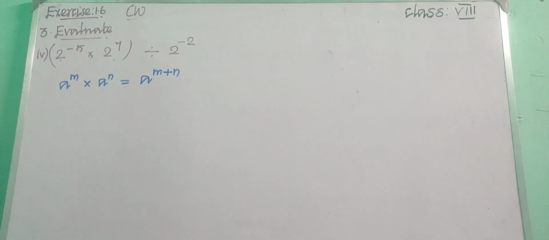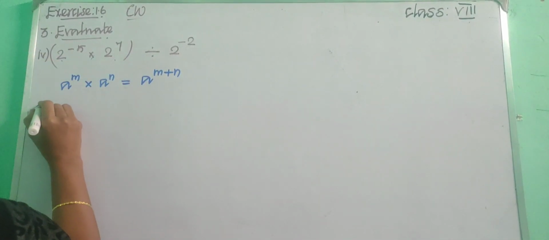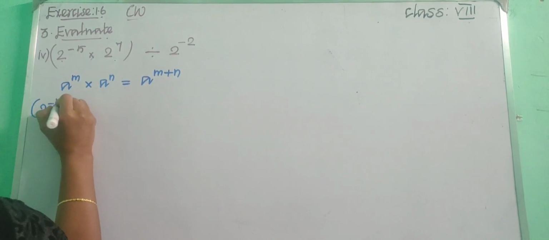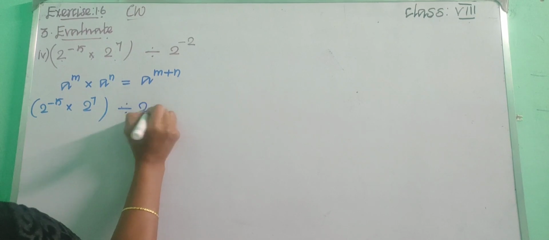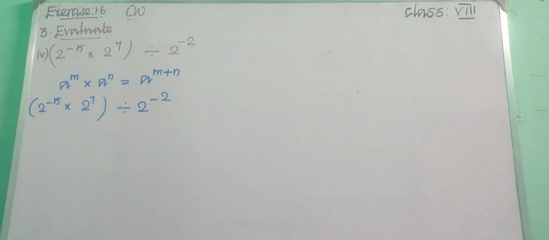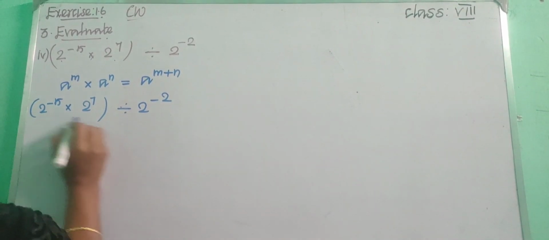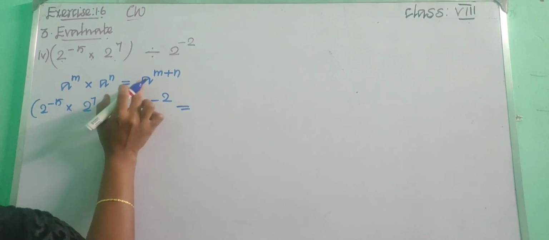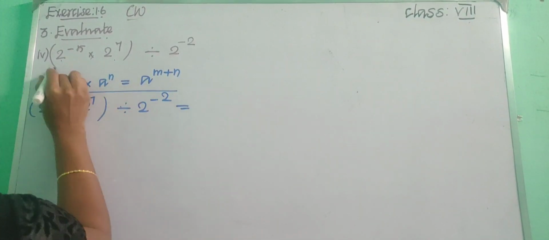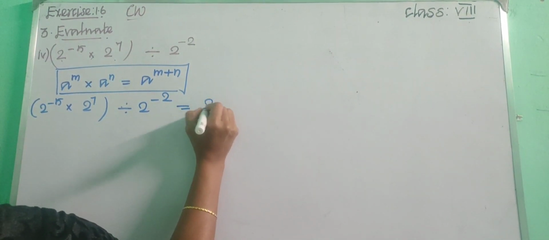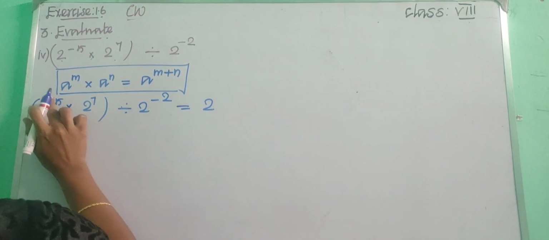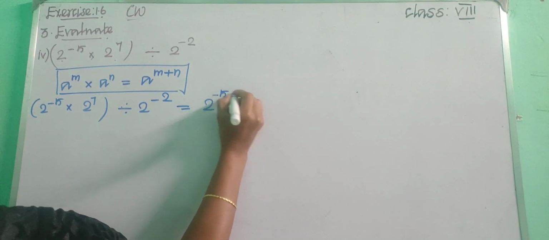Okay children, now let us solve the brackets first. 2 power minus 5 into 2 power 7, divided by 2 power minus 2. It is the question, right? Now we are going to solve these brackets. It looks like the product rule. So how can we write? 2 power, we are going to add the powers, so minus 5 plus 7.